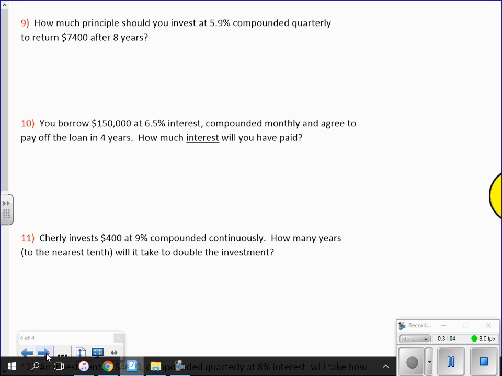So that would be 7,400 equals P times (1 plus 0.059 over 4) to the 4 times 8 power, because you're compounding quarterly.